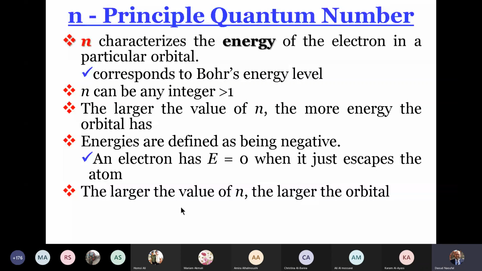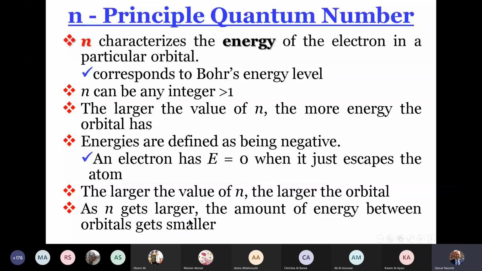As N gets larger, the amount of energy between orbitals gets smaller, and we explained this in the previous example for hydrogen and hydrogen-like atoms. So as a conclusion, now we don't use position, we use energy level.